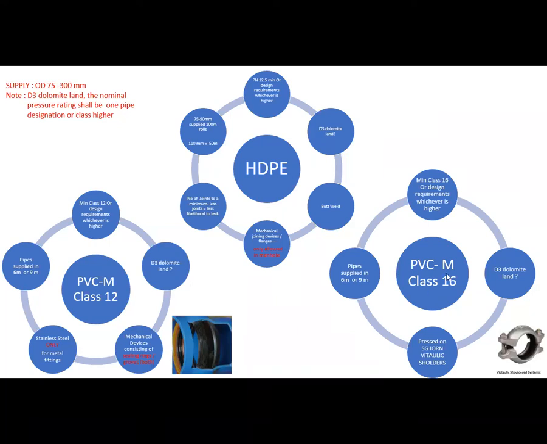On the class 16, remember, you can use pressed-on SG iron Victaulic shoulders, and that's a little picture of what it looks like from the side. As I said to you, SG iron is like ductile iron. It's treated. It's very long lasting. It's not like a standard steel that would corrode faster underground, as an example.